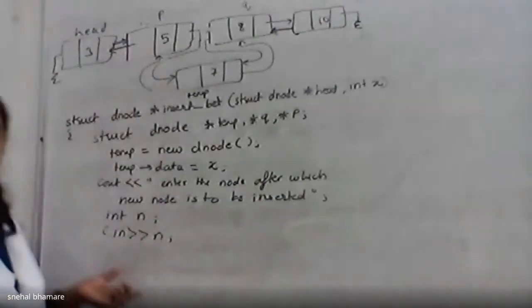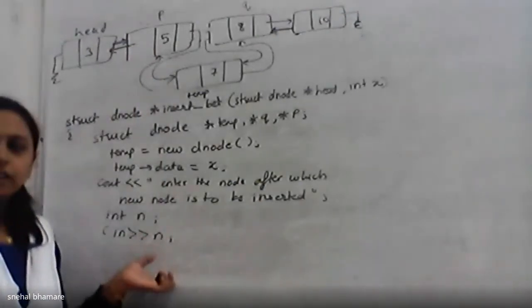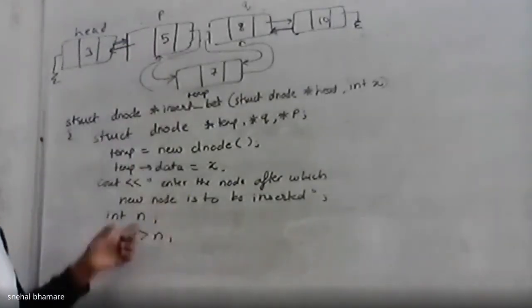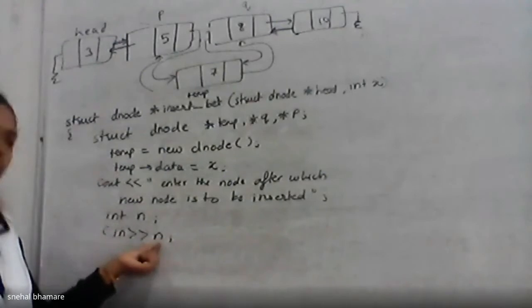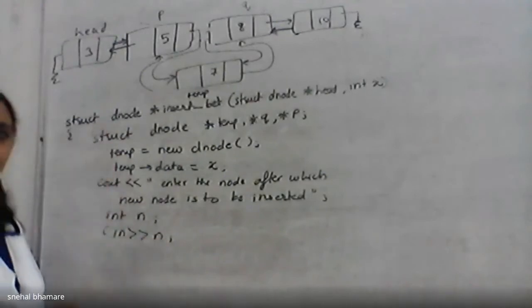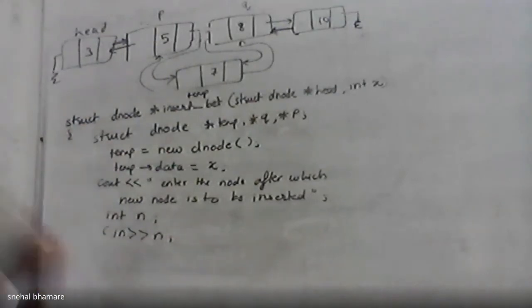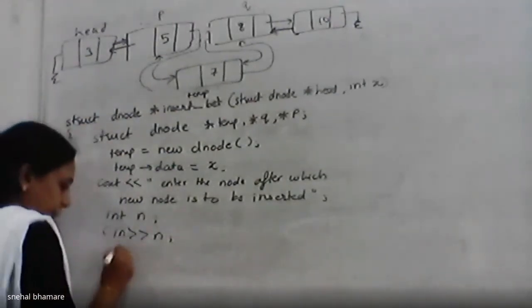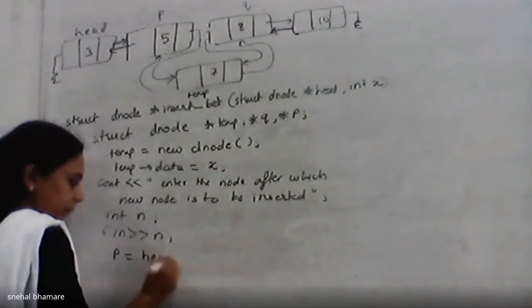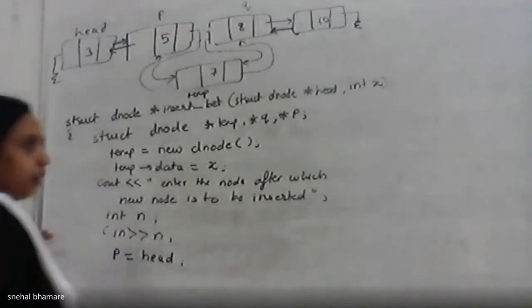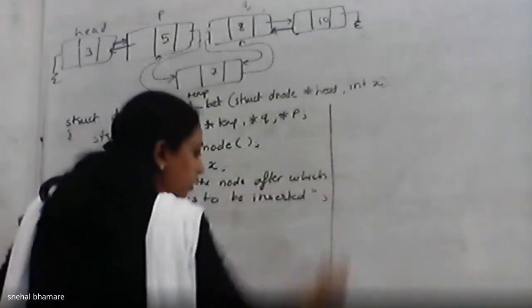Okay. So what we have to do? We have to point the node whose value is equal to n by p, right? So for that we will require the while loop. So initially p is equals to head, right? I'll write the remaining code over here.